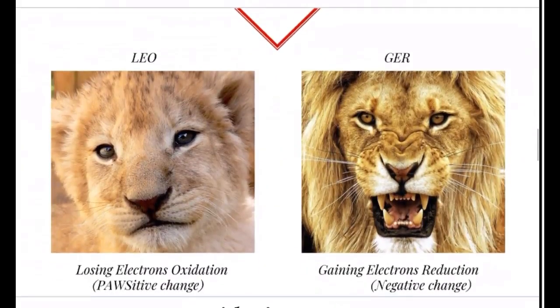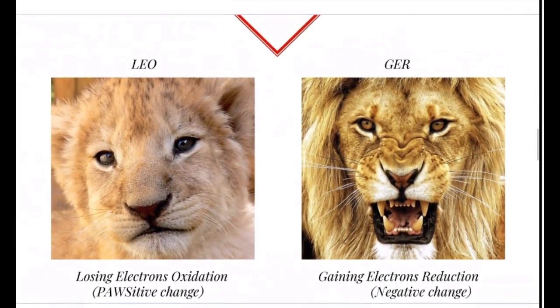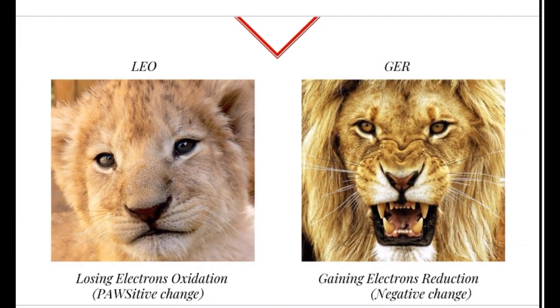A way that I can remember this is to say that Leo goes Ger. Leo is a cute little baby lion, so we consider Leo a positive change, and Leo stands for losing electrons, oxidation. And then Ger is a negative change. If you hear a lion growling at you, that would be negative. So we say gaining electrons, reduction, for Ger.